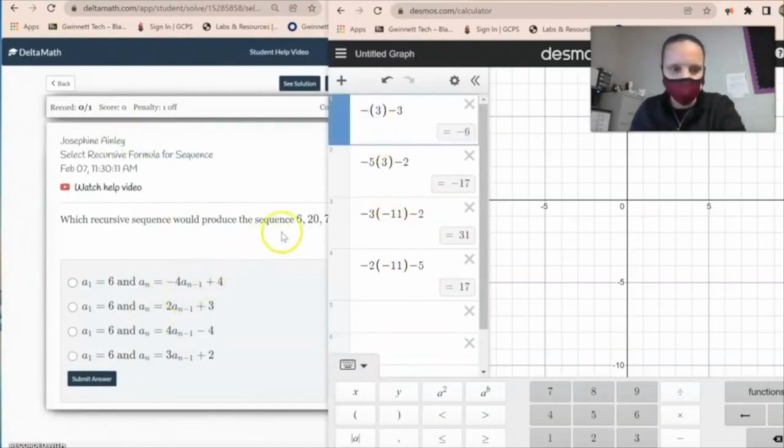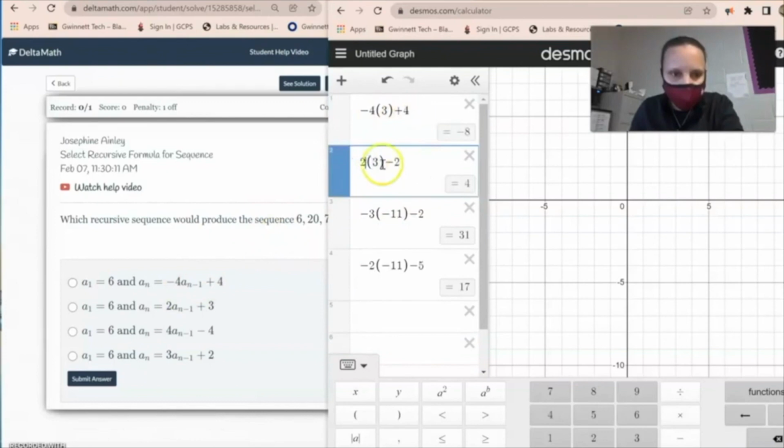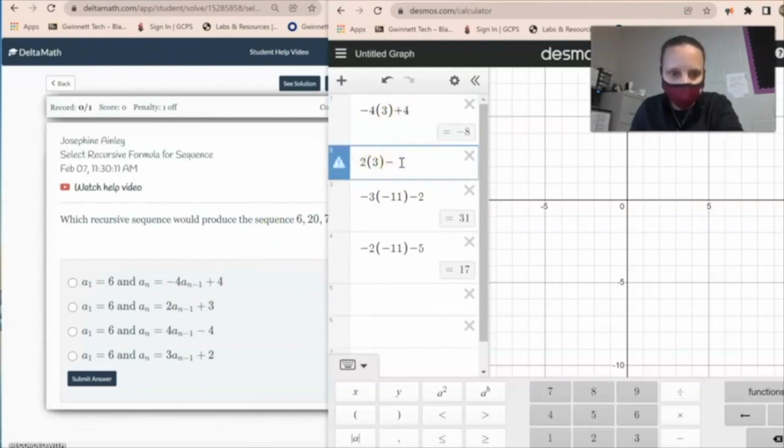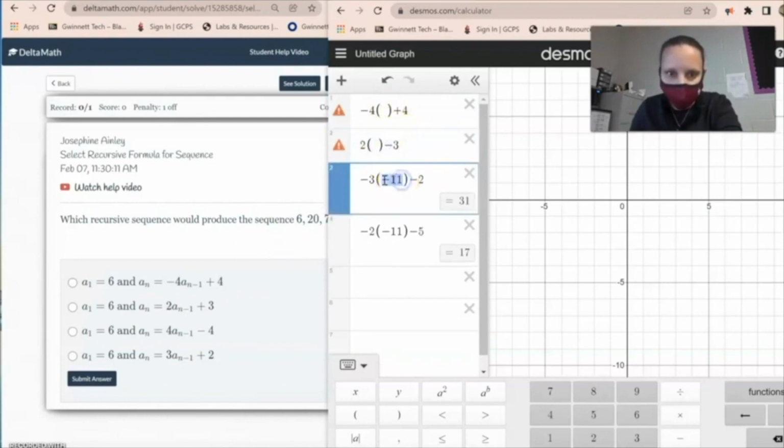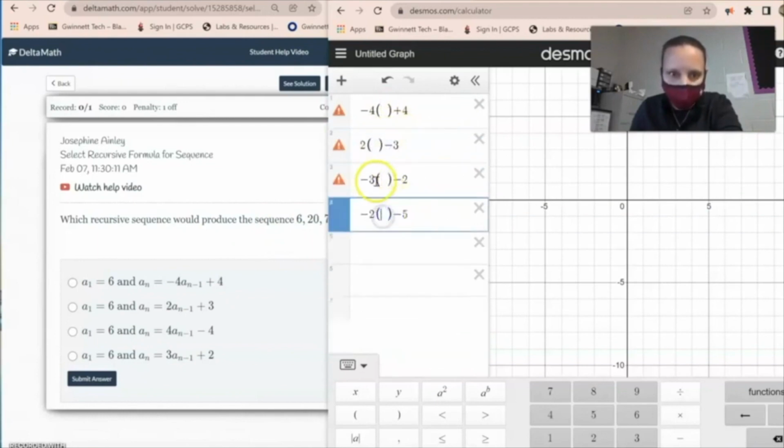This one is 4, this one is +4, this one is 2 and 3. We might as well delete all of this. This one is 4 and -4. This one is 3 and +2.